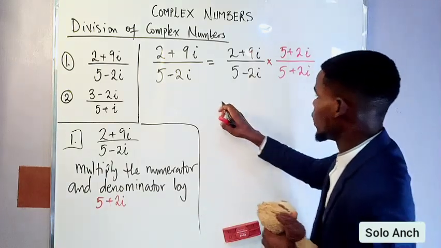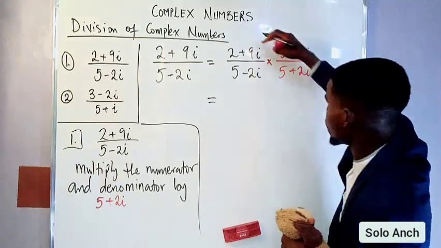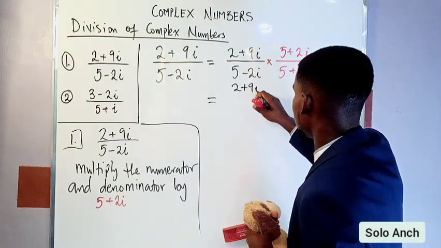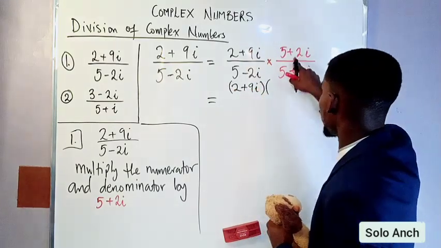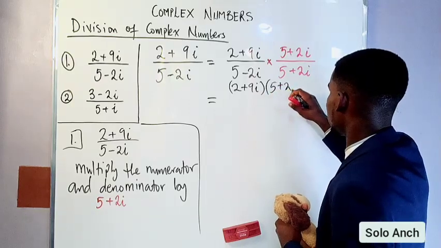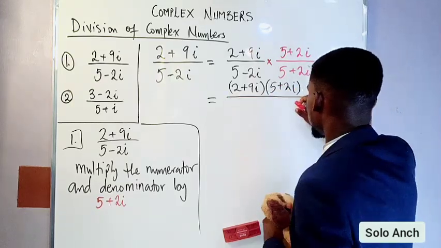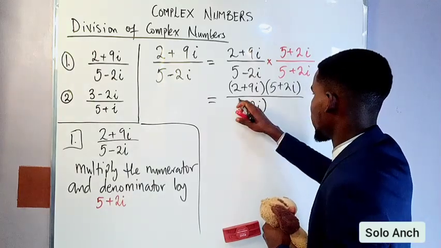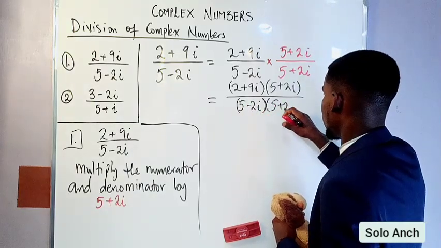Let's see what we have. In the numerator, we have 2 plus 9i multiplied by 5 plus 2i. Then the denominator is 5 minus 2i multiplied by 5 plus 2i.